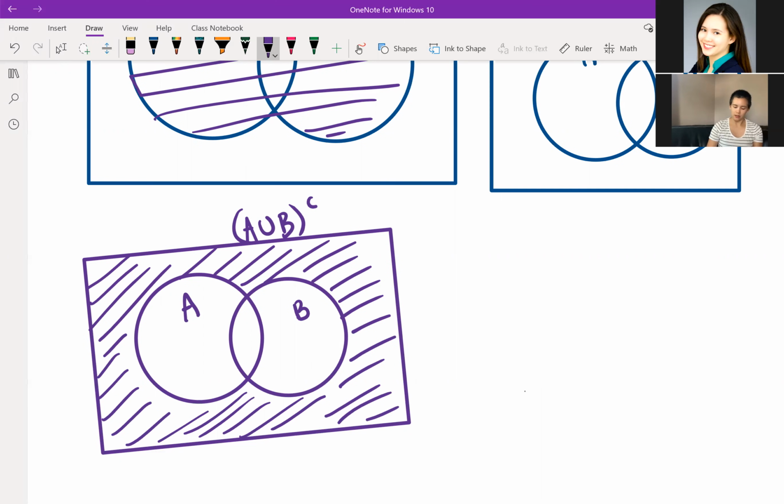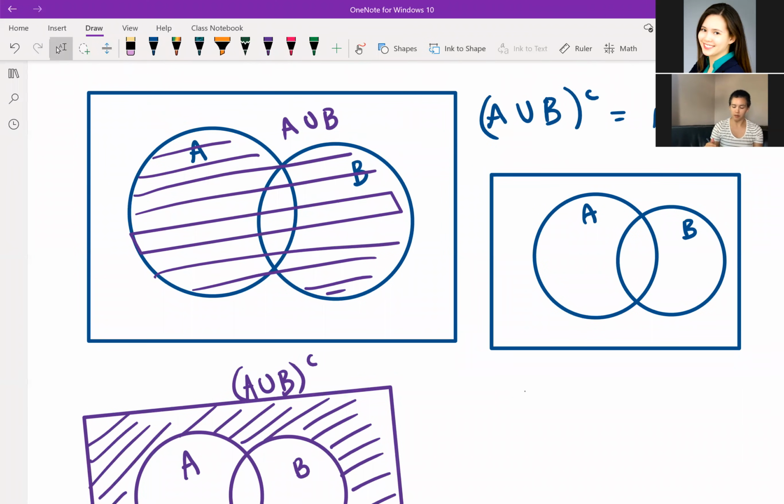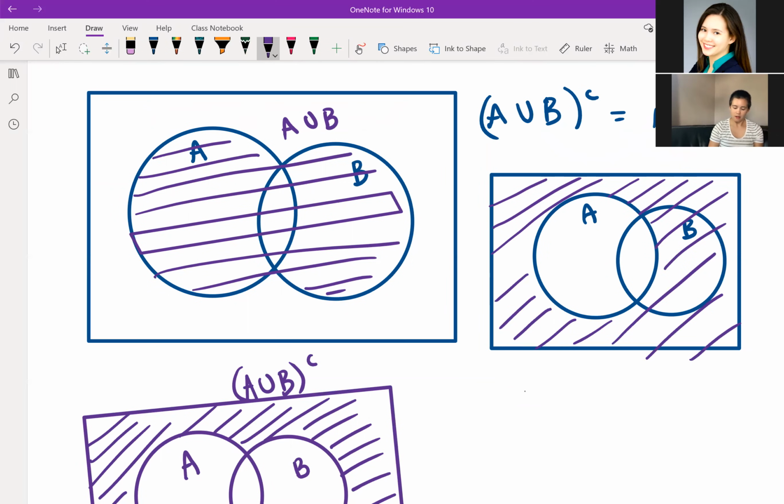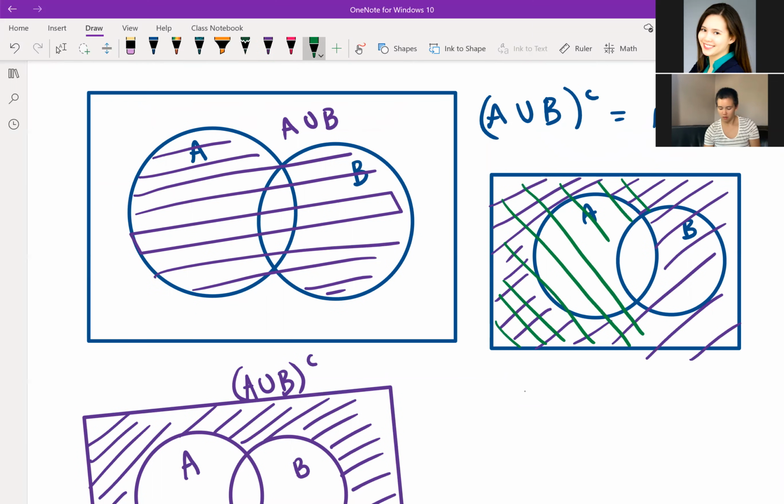Now let's look at A complement intersect B complement. A complement is everything not in A and B complement is everything not in B. And now we want to find the intersection of the green with the purple.